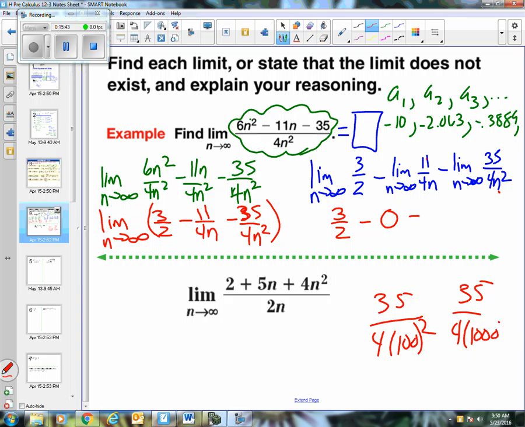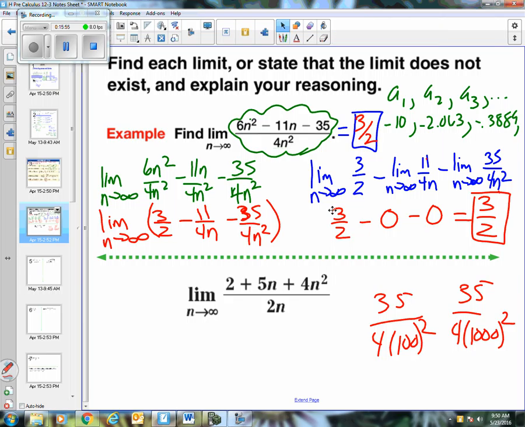That's even bigger. So when the denominator gets huge, that fraction is going to go to 0. So when I do my arithmetic, I can just add up my values, or subtract in this case, and it sure looks like my limit is going to equal 3/2. Now again, remember that means it's the value that the terms are getting close to is 3/2. That's what limit means in this situation. We're not saying it actually equals it, like the terms will actually be 3/2.